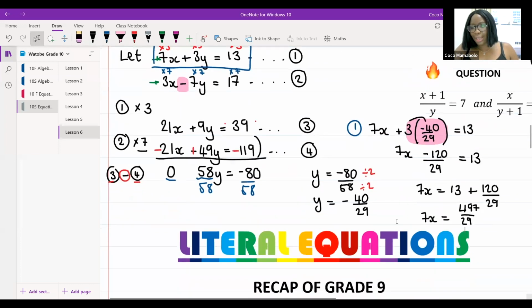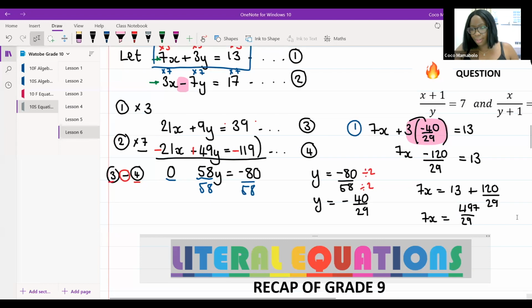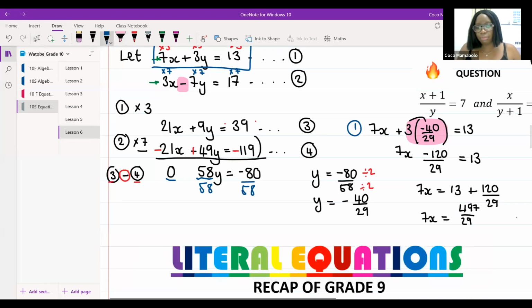And then to isolate that, I need to divide by 7. So I need to divide this whole thing by 7 to get rid of that, to get X. Therefore, X is going to equal, if I take that 497 divided by 29 and divide it by 7, guys, what am I going to get?